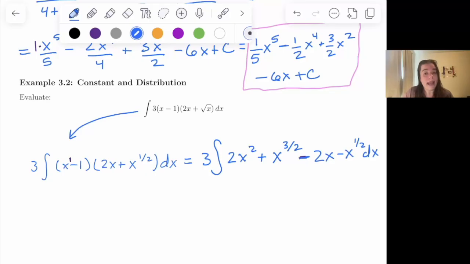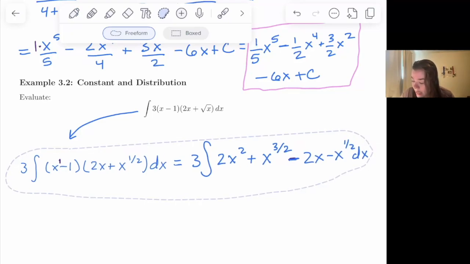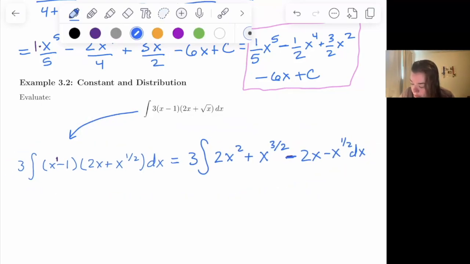Notice now I'm in my nice long string, and now I can apply the power rule to every term. And as you do that, be careful. So this is going to equal, notice I have a 3 out in front. I took that 3 out in front. So it's going to be 3 times, because I'm going to integrate now.